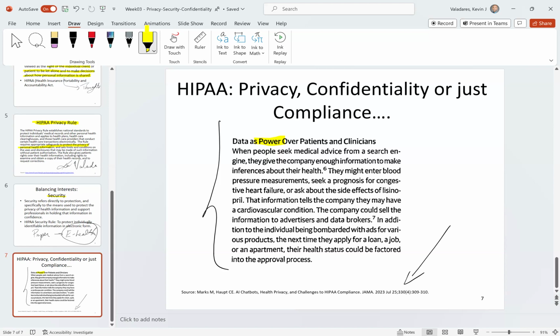Now, power over patients and clinicians. And so this paragraph that I screenshotted here is key because it relates to what the public, you and I, always do.